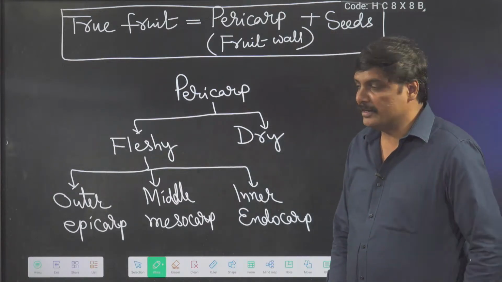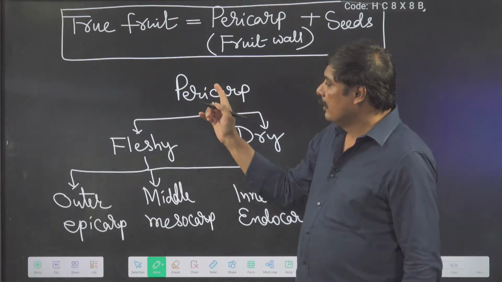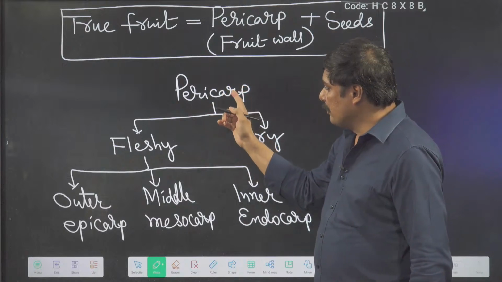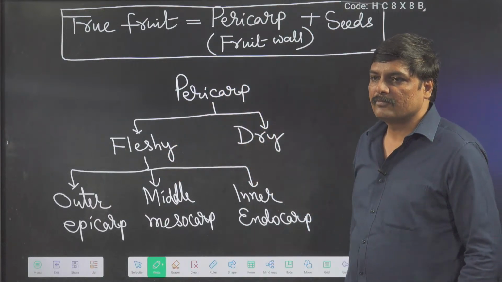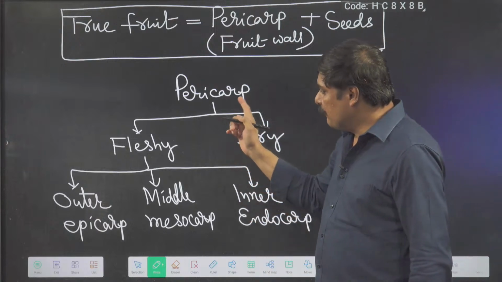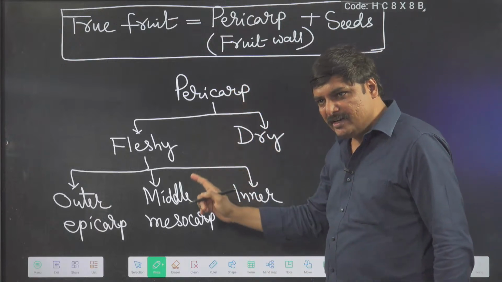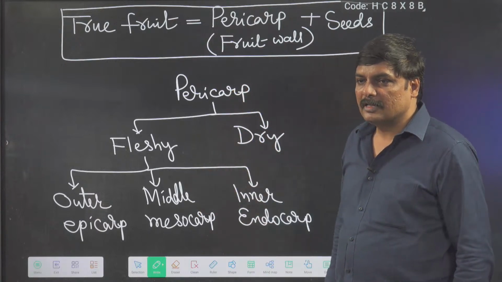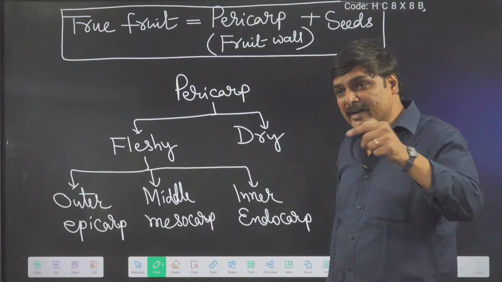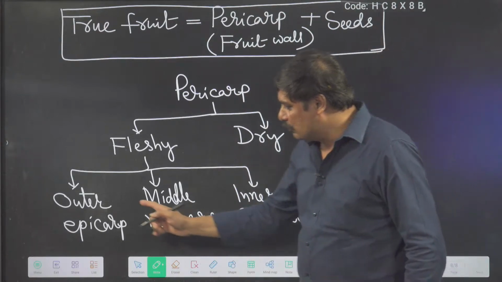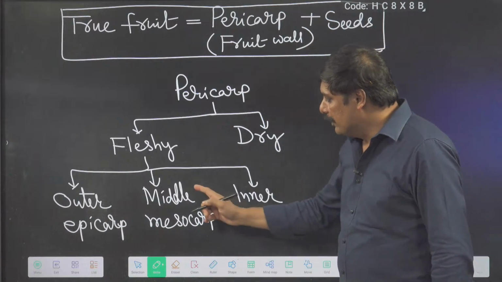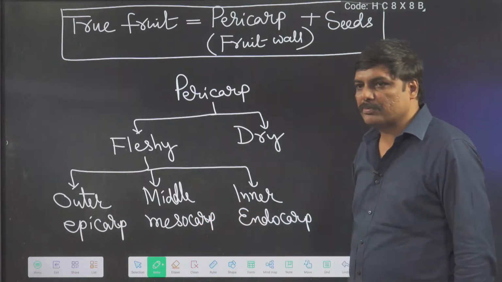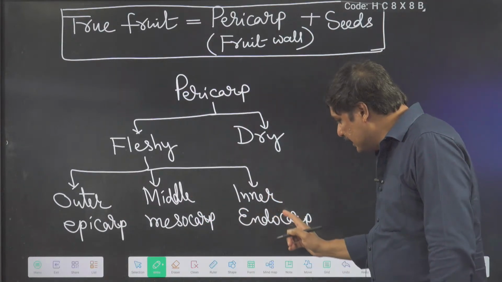I repeat again. Pericarp may be fleshy or dry. If pericarp is fleshy, then it is divided into outer epicarp, middle mesocarp, inner endocarp.